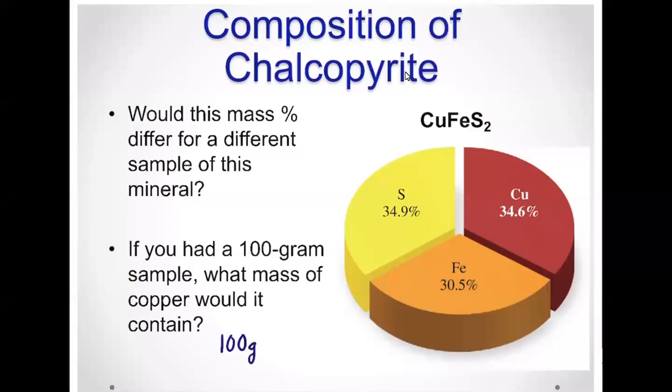We have 100 grams times the percent, which is 0.346, and that would give you 34.6 grams of copper. So that percentage remains the same regardless of your sample size.